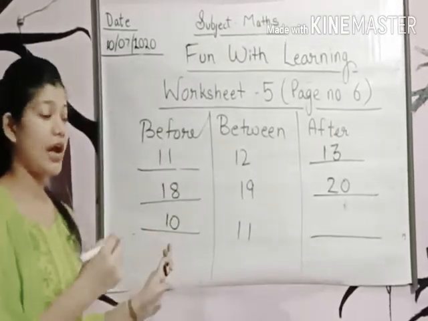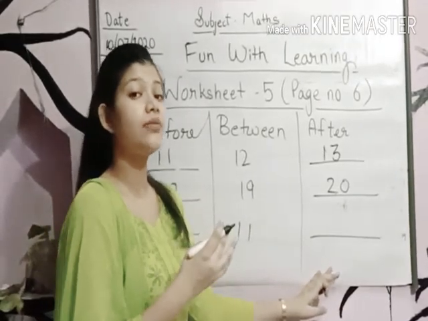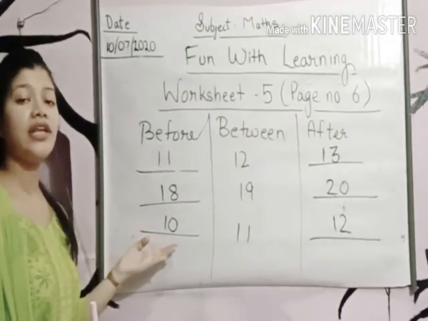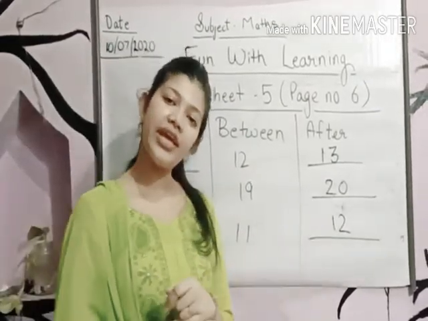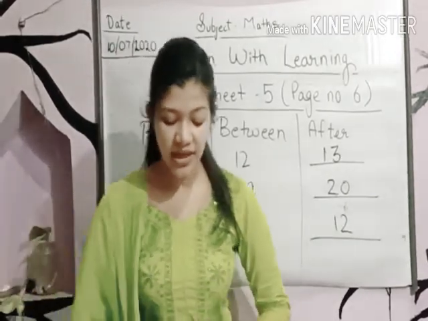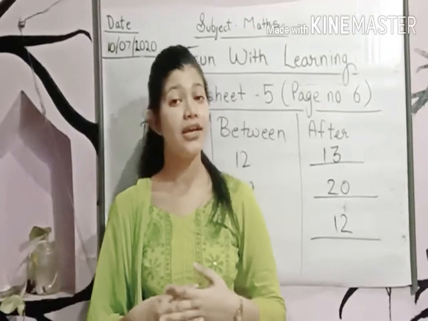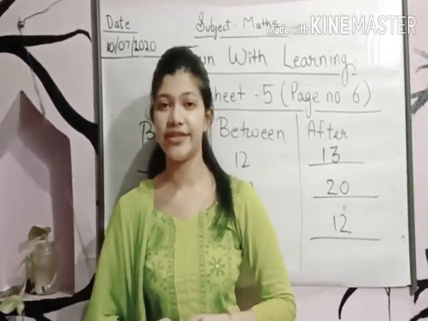And what comes after 11? Which is the next number? That is 12. Yes, what numbers we have written here? 10, 11, 12. Okay, clear? In this way, you have to fill all these blanks. Clear? I hope now you can do this exercise.